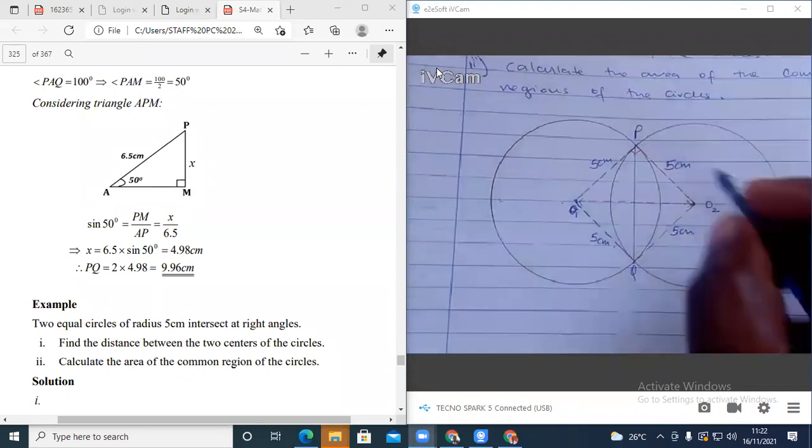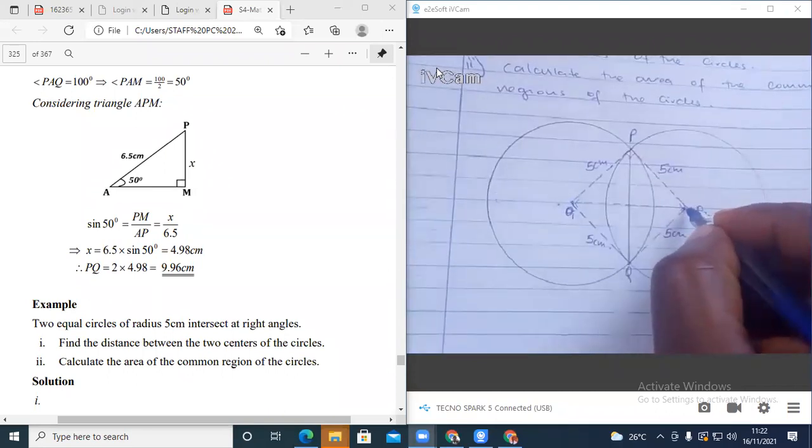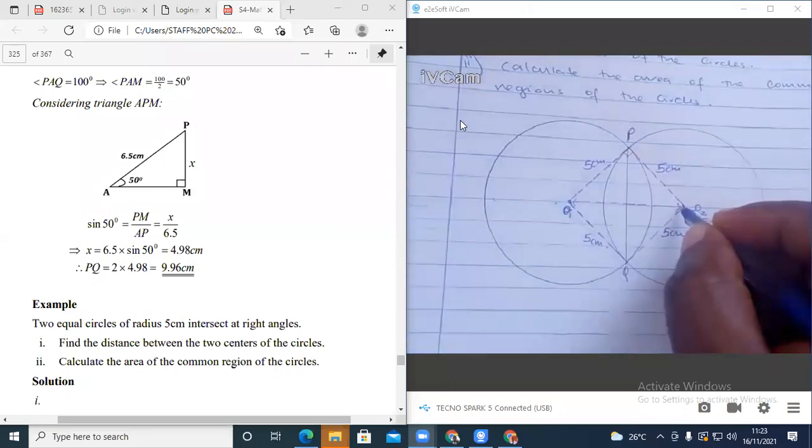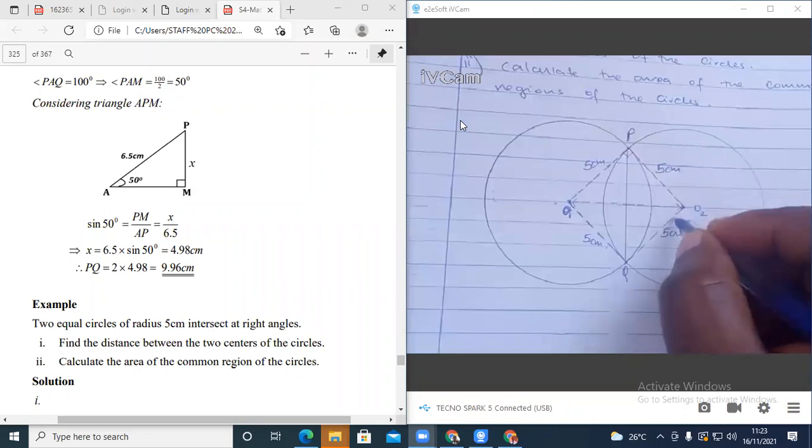Now, which angle do you think is here? Members, unmute and answer to me. Which angle do you think is here? It is what? 90 degrees.